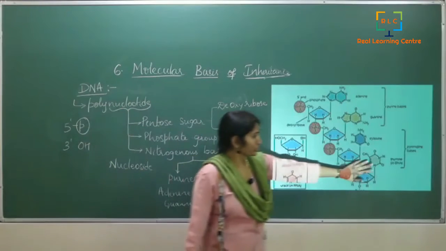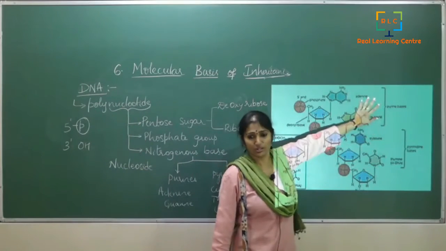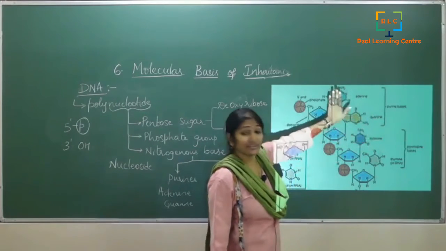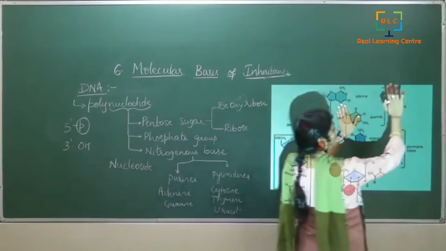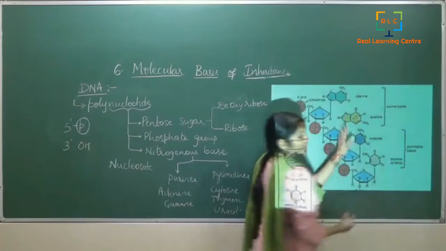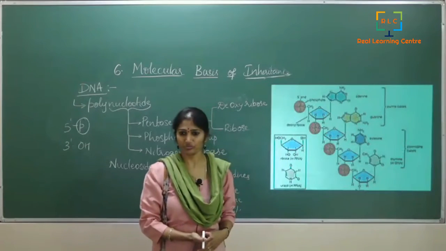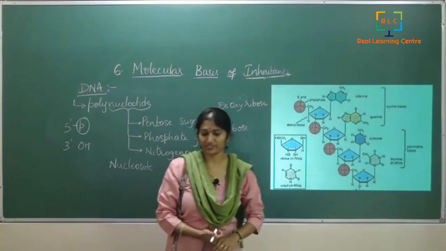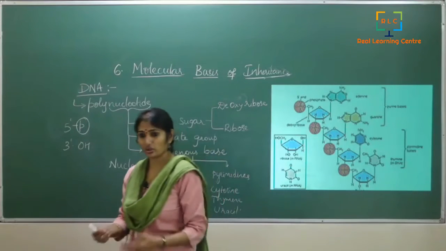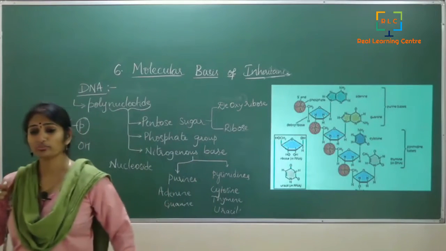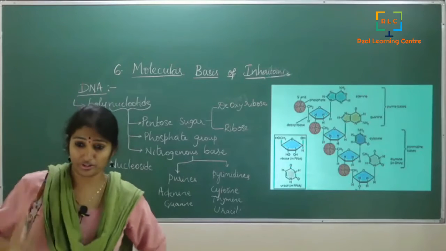So we have one purine here, purines here, pyrimidines here, and so on. Now these will interact with the purines and pyrimidines of the other chain. Now when I say interact, it is not talking, it is all by the formation of bonds.